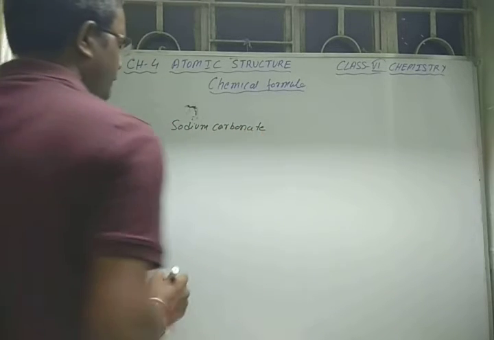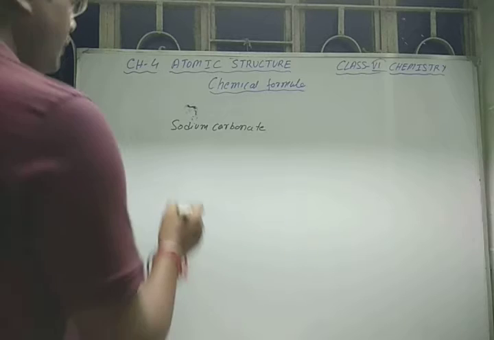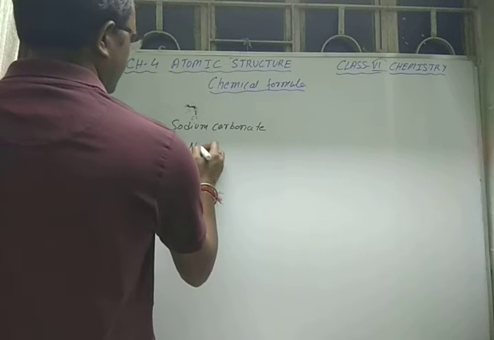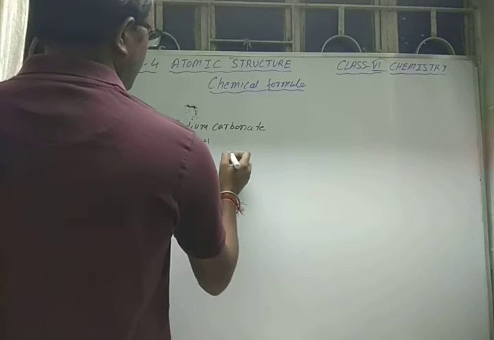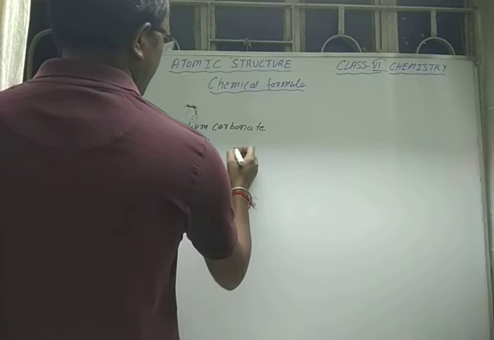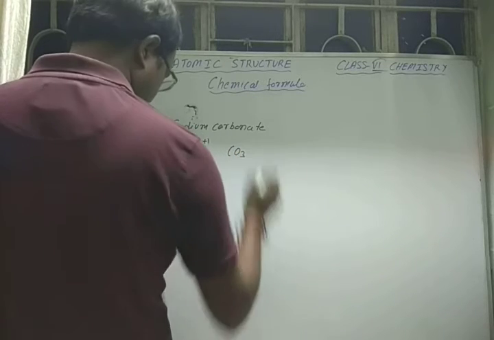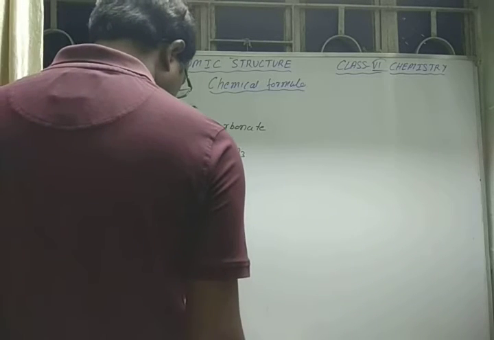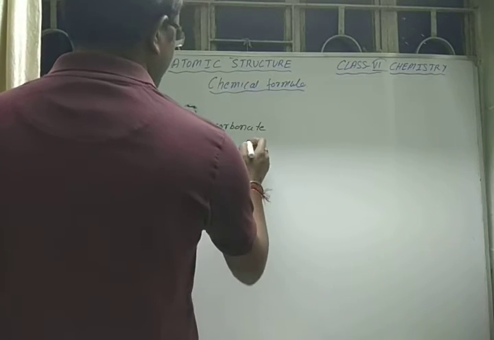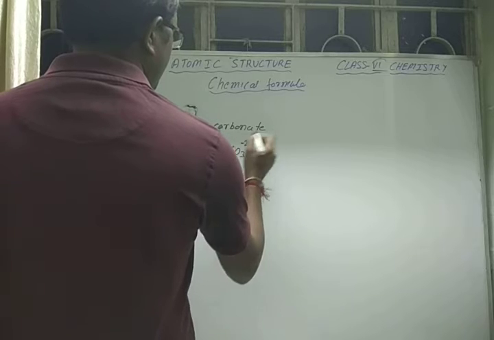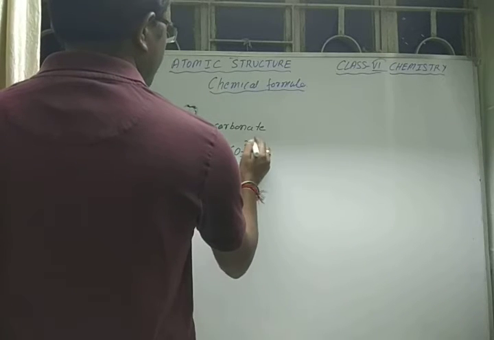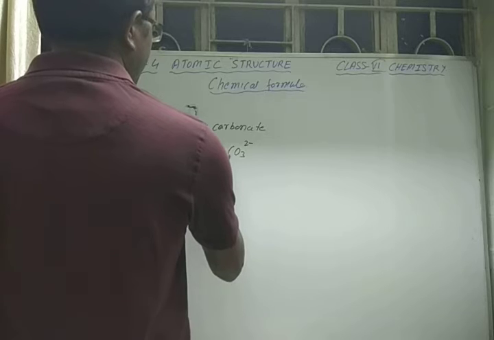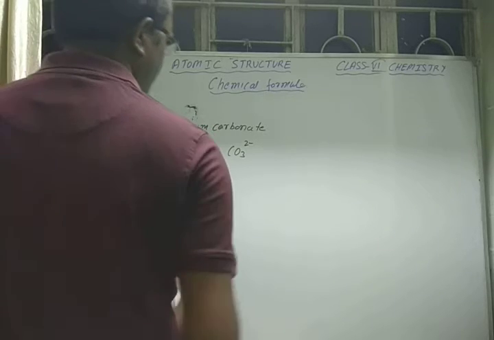Okay. So first of all, what do we have to write? We have to write the symbol of sodium, Na. Valency is 1 plus, or plus 1 you can write, and carbonate is CO3. And what is the valency of this carbonate? It is 2 minus. As you wish you can write.